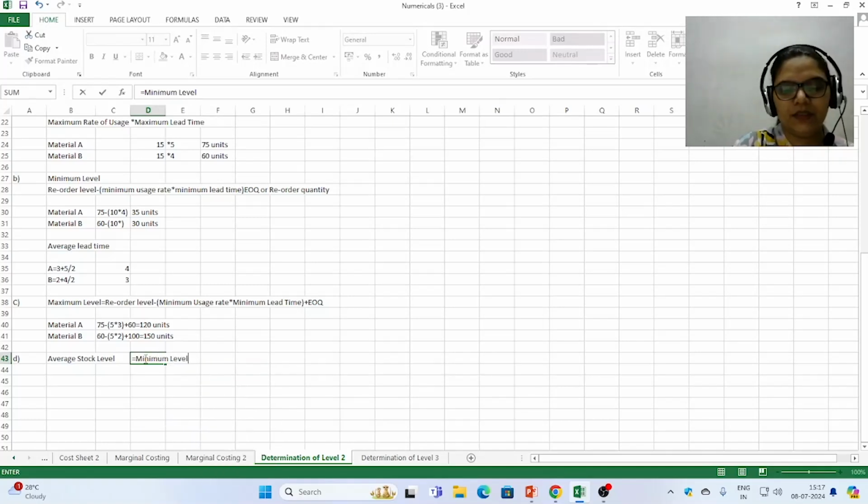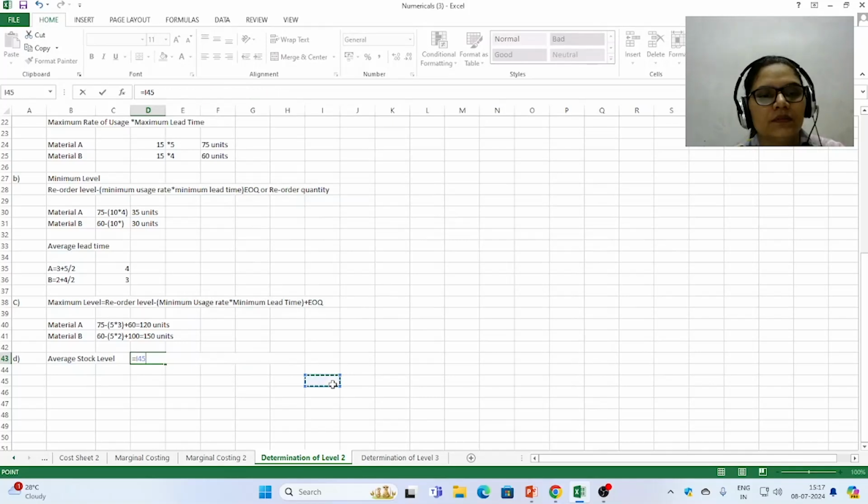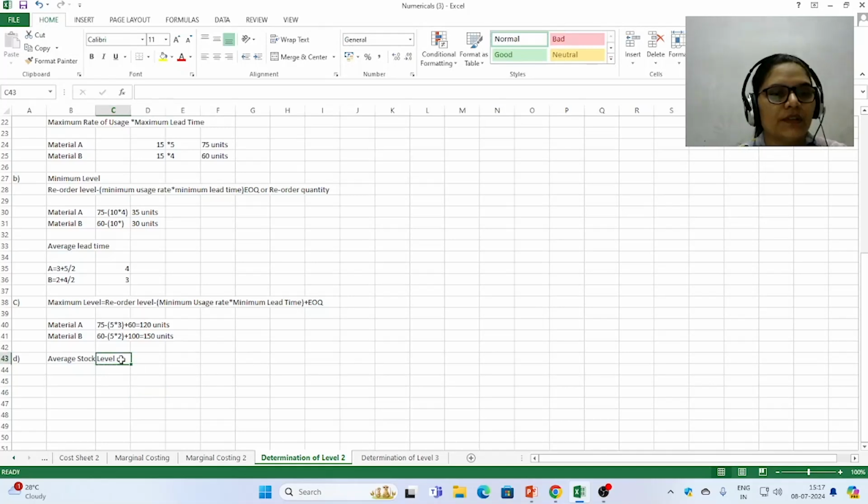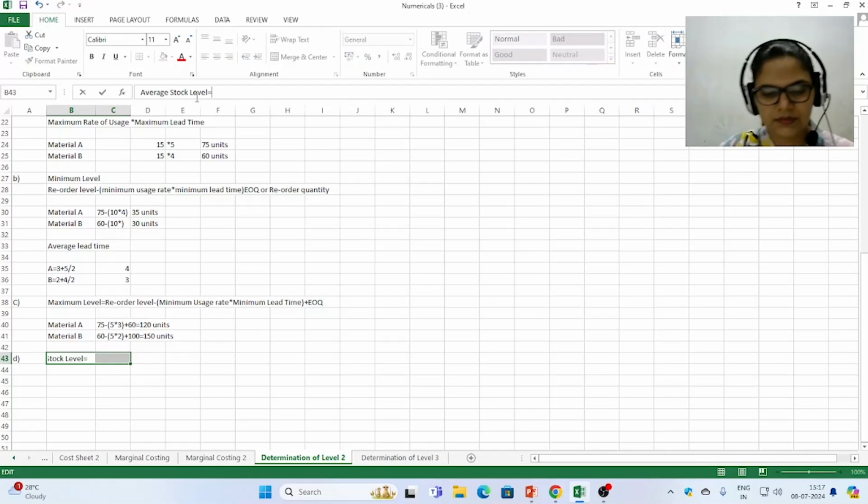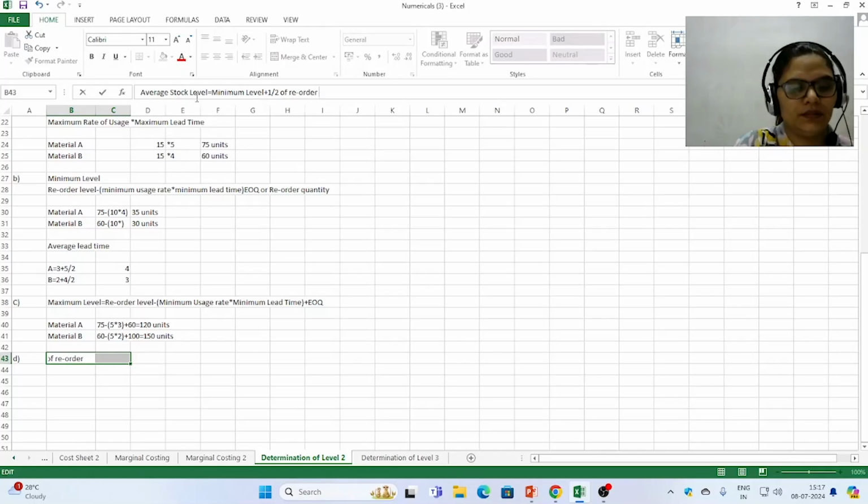I think there is a typing mistake over here. Average stock level is minimum level plus half of reorder quantity.